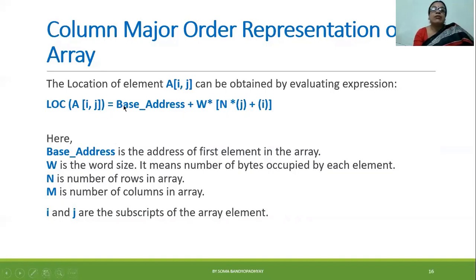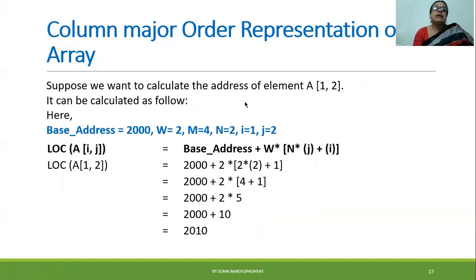So we calculate the memory location using the base address, the word size, the number of rows, the index of the column, plus the index of the row. So let us give an example. Suppose we want to calculate the address of element A12 in column major order representation.